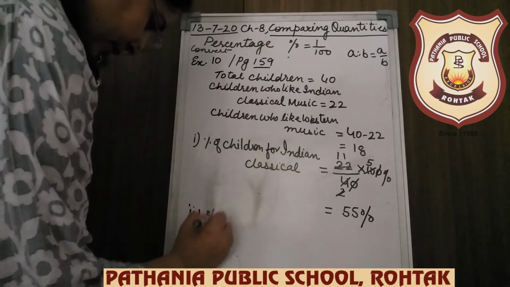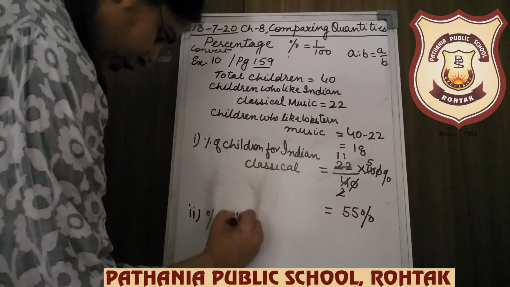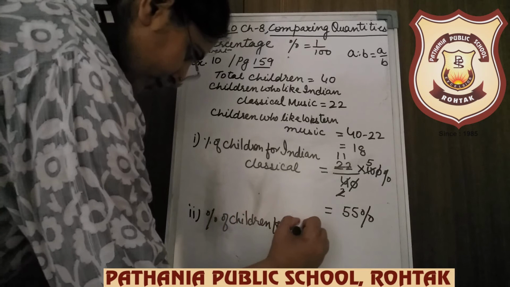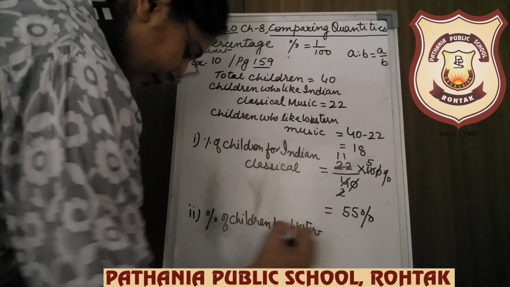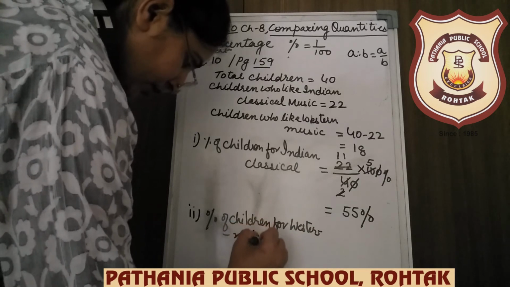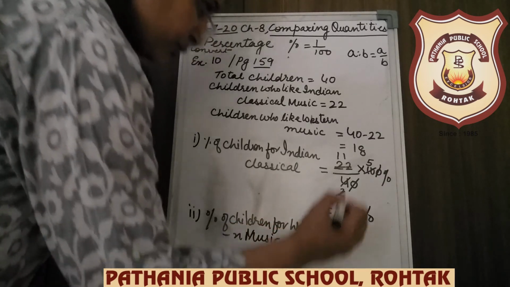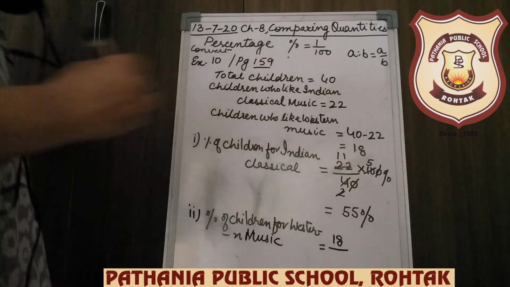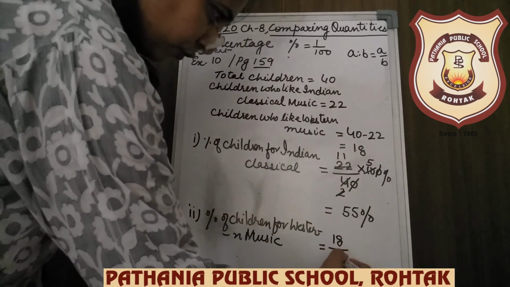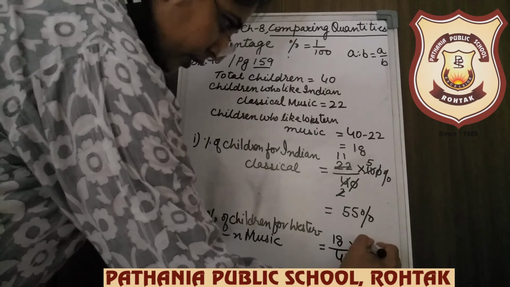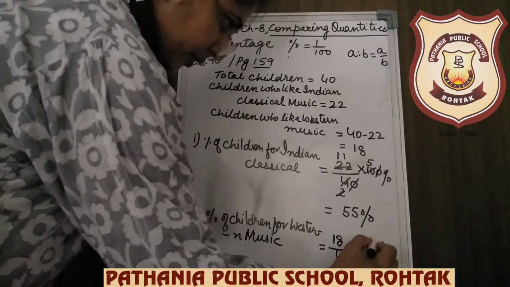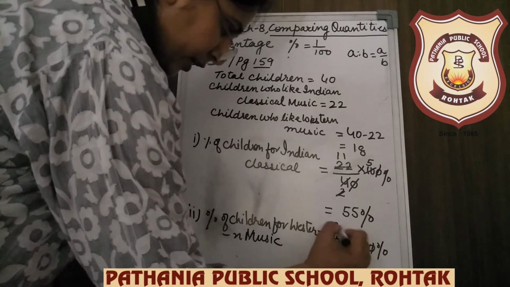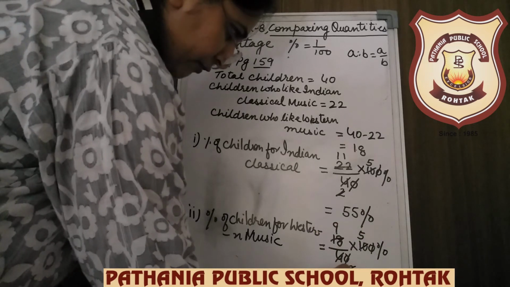Second, percent of children for Western music is equal to number of students who are liking Western music, 18 out of 40, and multiply this with 100%. 2 5s are 10, 2 9s are 18, and this becomes 45%.